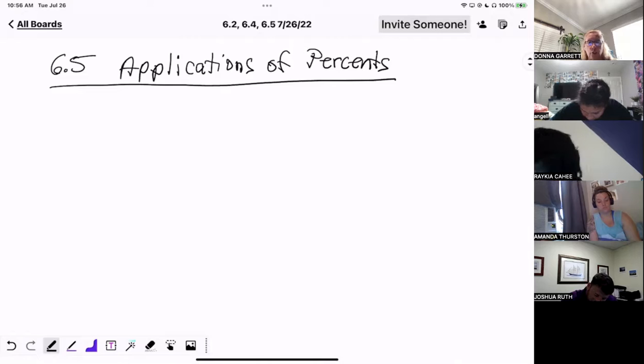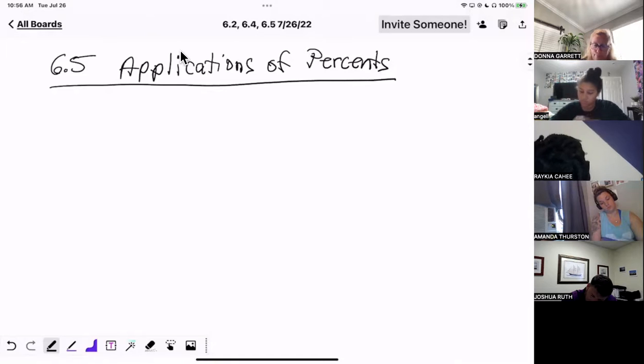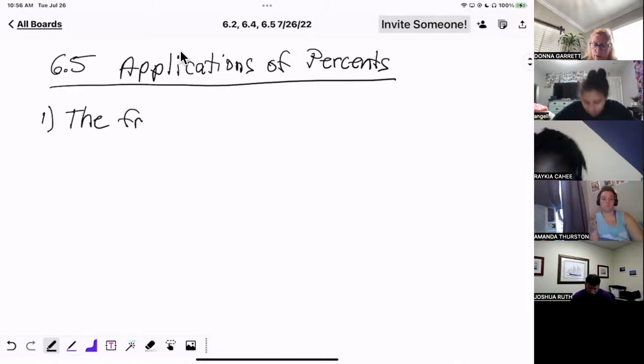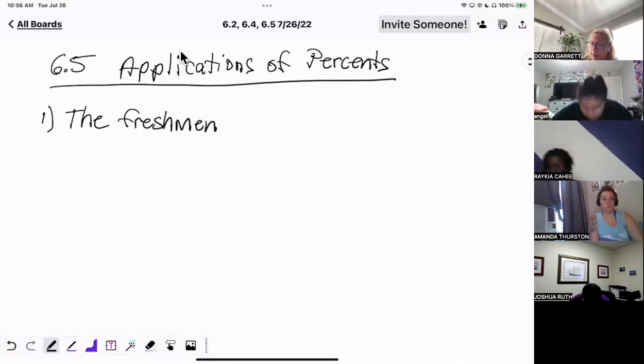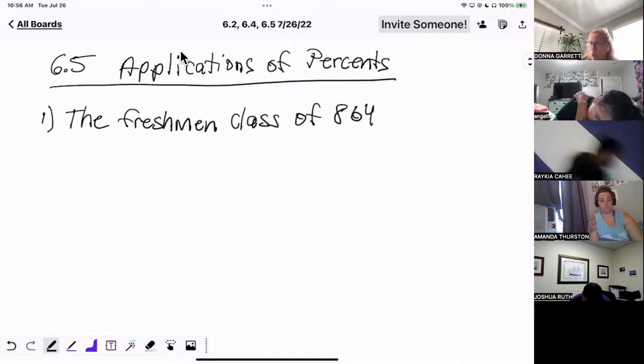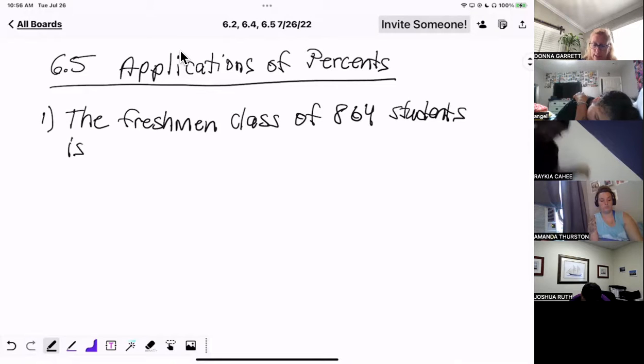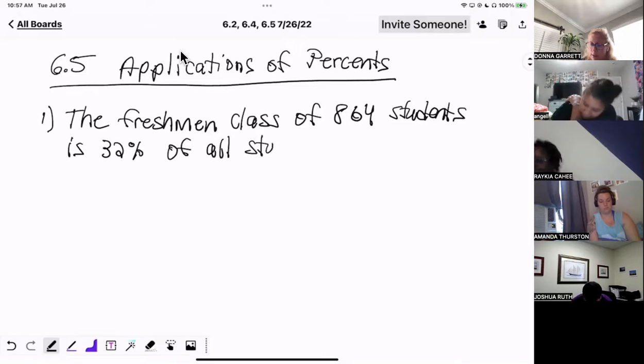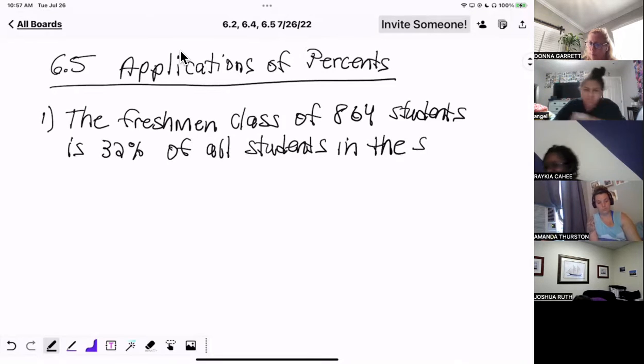We're going to use everything we just learned and use it on word problems. Okay, so 1. The freshman class of 864 students is 32% of all students in the school.